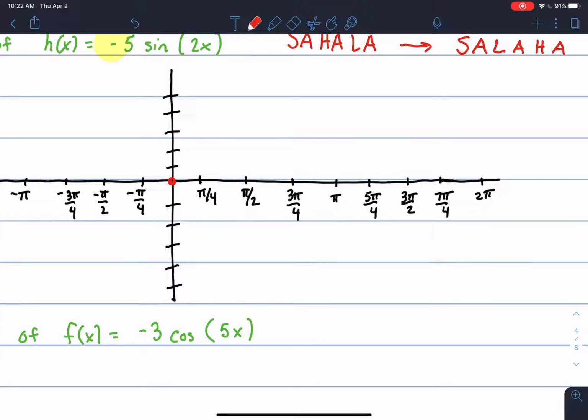So we start at the axis, and then instead of going to the high point, you go to the low point. So axis, low, axis, then you go to a high point, and then back to your axis.